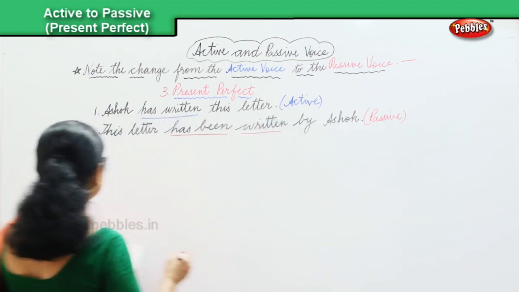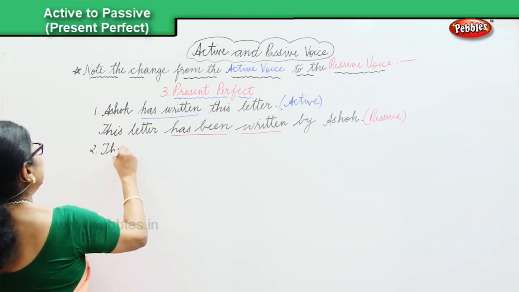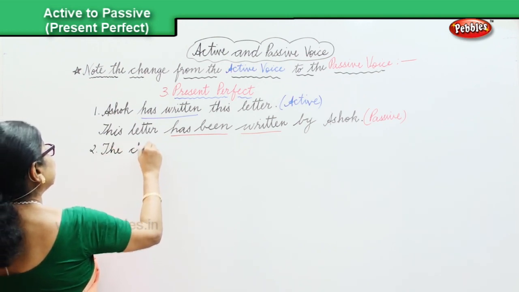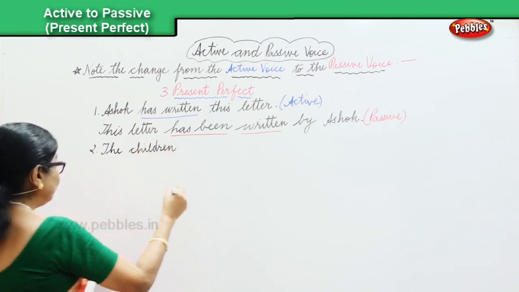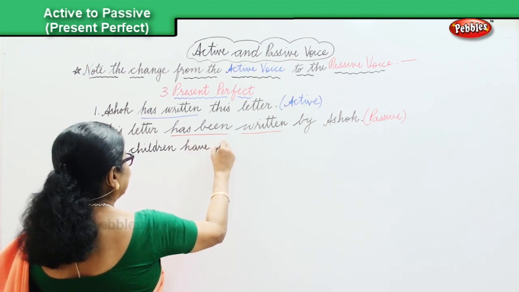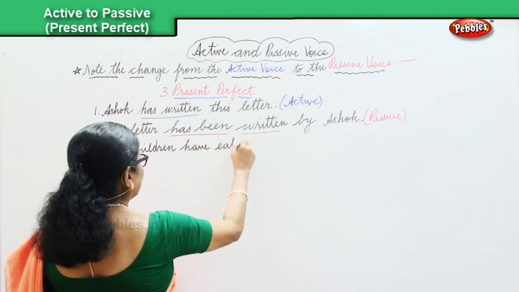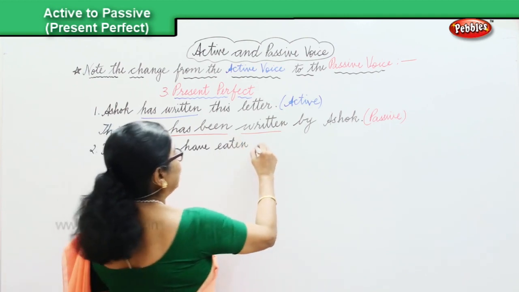And the second sentence is, the children have eaten all the cakes.